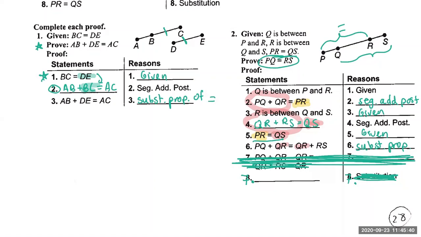Yes, good. If we have some number on both sides that is added, we can subtract QR from both sides, and we get PQ is equal to RS, and that is by the subtraction property of equality.